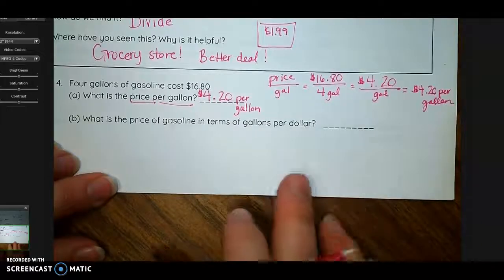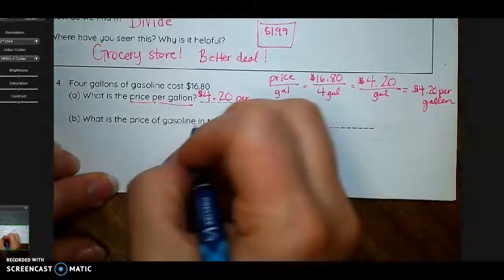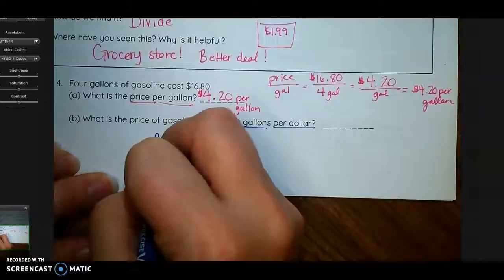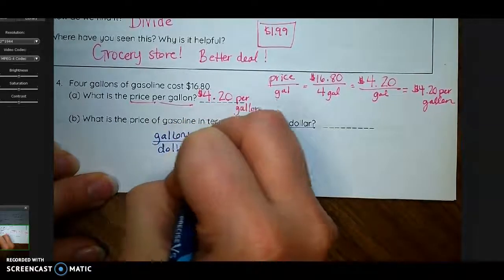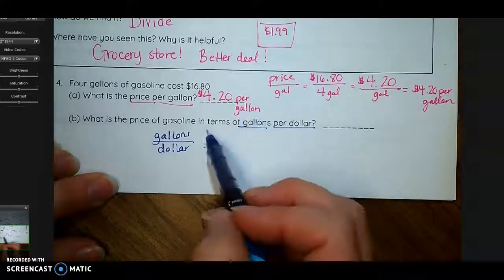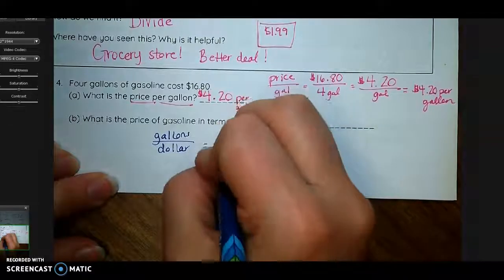What is the price of gasoline in terms of gallons per dollar? And so that is what I'm talking about. Now they want to know gallons per dollar. Now when I write this out with words, you're going to notice it's the reciprocal. So they're asking me for the reciprocal.